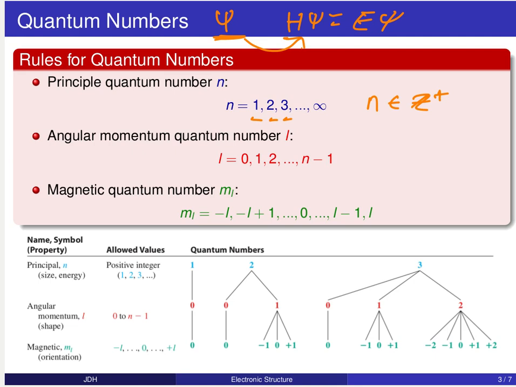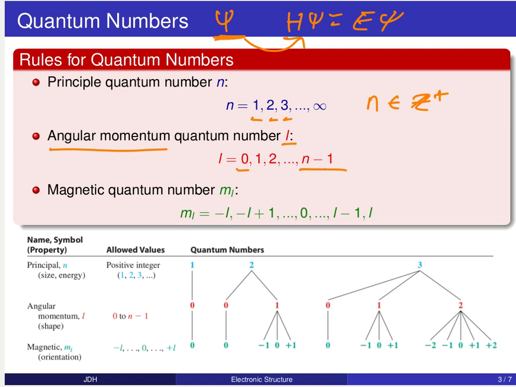Okay? Then, once you have a principal quantum number N, that places constraints as to the values that the other quantum numbers can assume. So the first one up, angular momentum quantum number, denoted by an L. If you have a given value of N, then the only values that L can take are 0 and then all integers up to N minus 1.